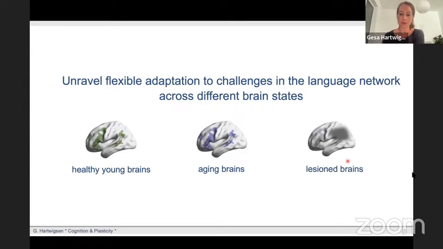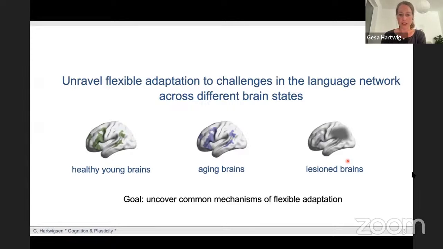And finally, in lesion brains, we are interested in which parts of reorganization that we observe help to recover function. So for example, after stroke, which parts of the reorganization of the networks is associated with good recovery. We're also studying this in brain tumors now.